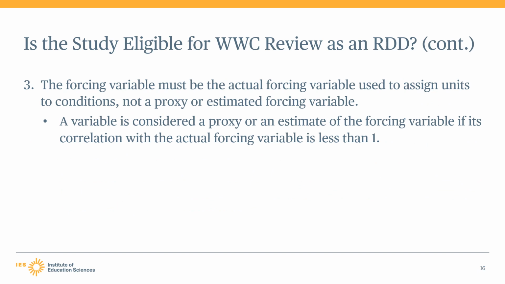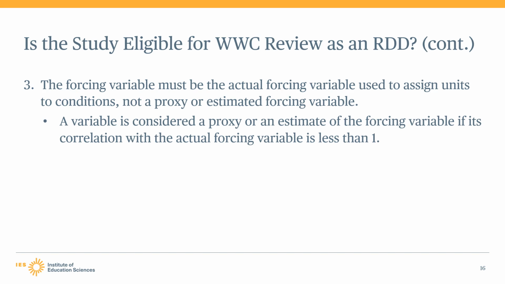The third and final eligibility requirement for reviewing a study under the WWC's RDD standards is that the forcing variable used to calculate impacts must be the actual forcing variable and cannot be a proxy or estimated forcing variable. The WWC defines a proxy forcing variable as one that has a correlation of less than 1 with the actual forcing variable.